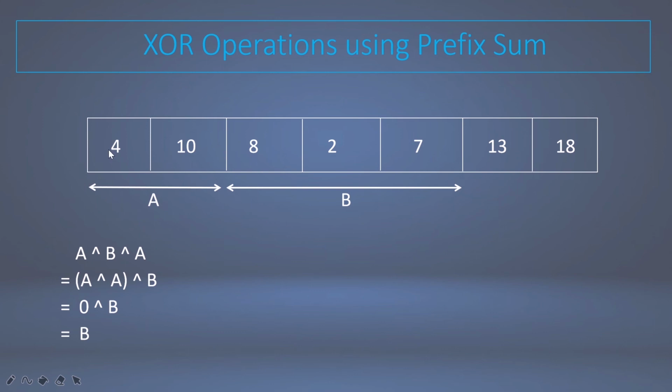So this is also 10. So the maximum in range 1 to R is 10, and the maximum of range 1 to L minus 1 is also 10. So what will be the maximum of this range? We don't know, right? So we can't do this in this way. So what will be the approach then? How can we do it?